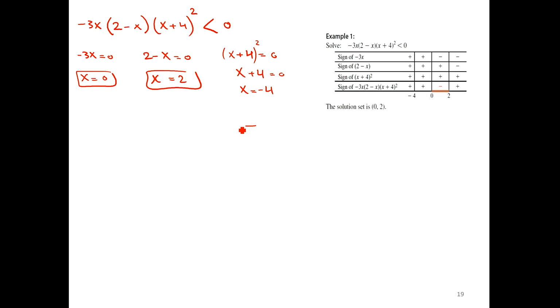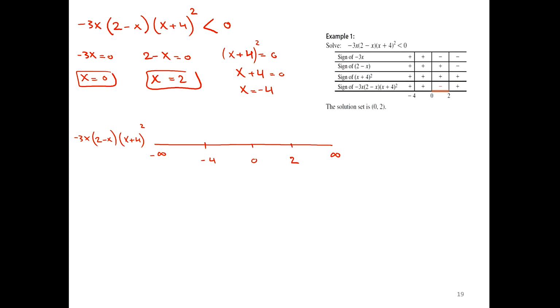On the real line, we need to find the sign of these terms: minus 3x, 2 minus x, and x plus 4. We have negative 4, 0 and 2, with minus infinity and infinity at the ends.